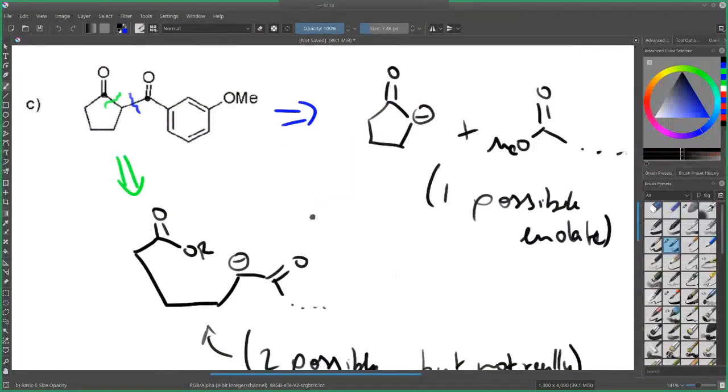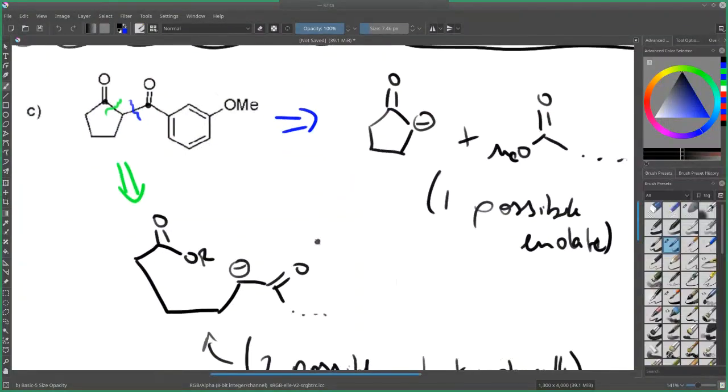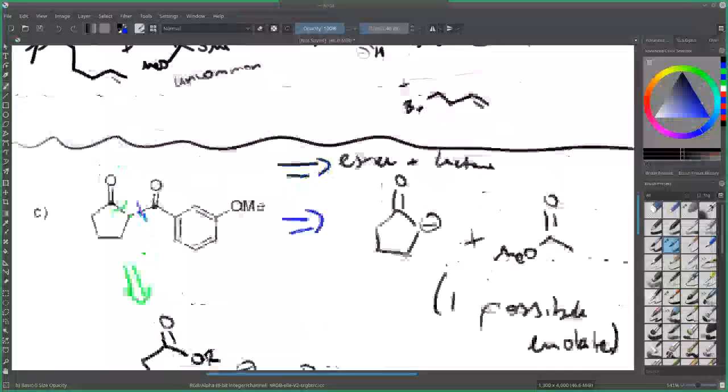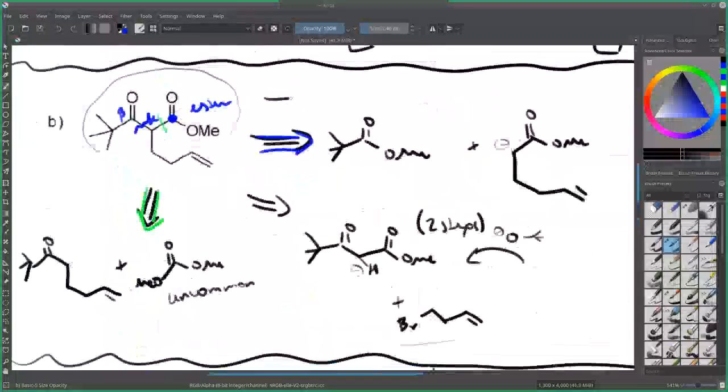Yeah. Oh, okay. So this is just going back to an ester plus a ketone, as opposed to over here where we were going back to an ester plus an ester.